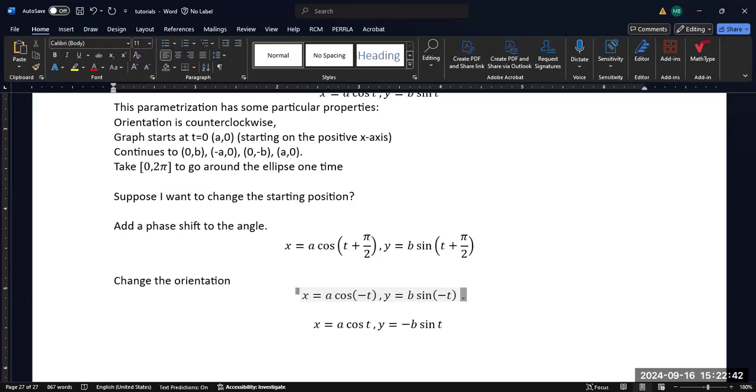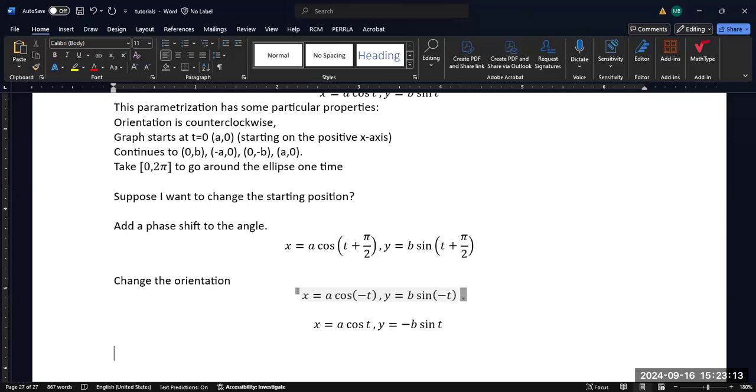Essentially, you're just changing the sign of the y component, and now you're going to go clockwise instead of counterclockwise. Again, everything else from the standard orientation will stay the same. You start on the positive x-axis, and now you take 0 to 2 pi to go around. The only difference when you make this change is that you're changing from counterclockwise oriented to clockwise oriented.